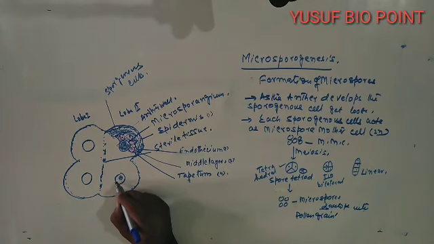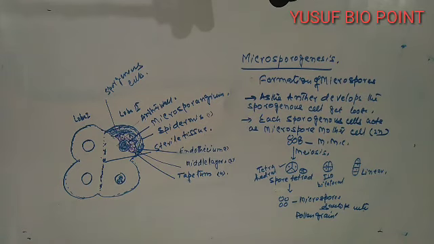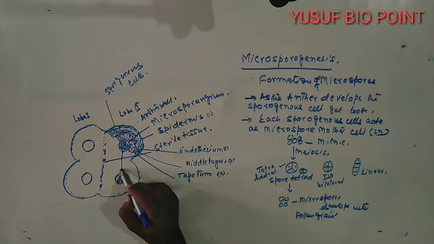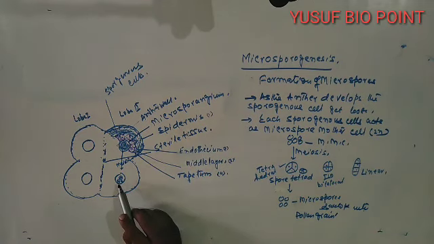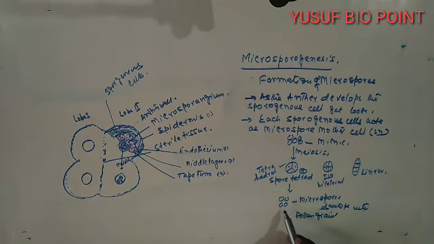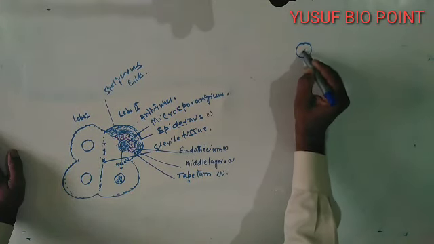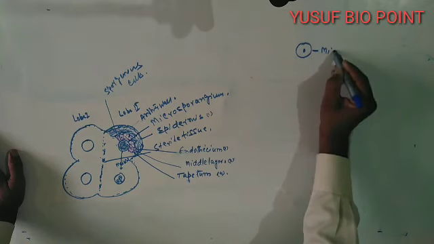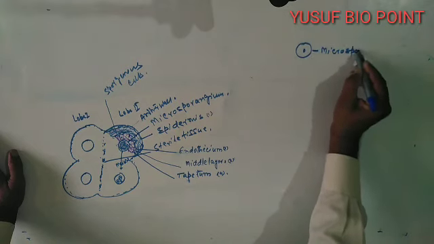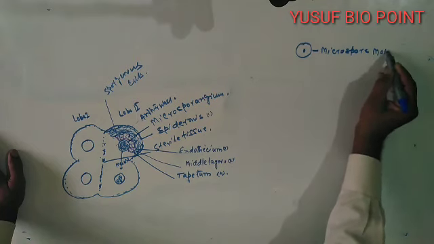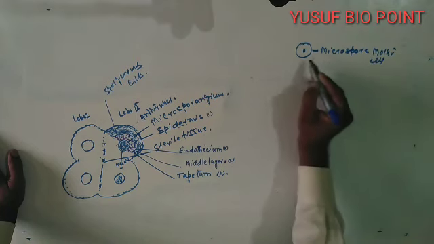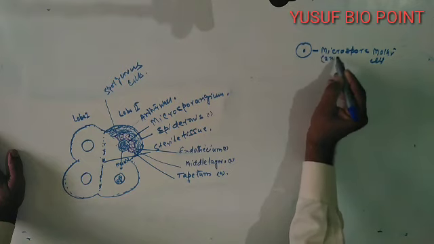So here you see that in the next structure, the cells undergo meiosis, and the spore tetrad is formed, and now they get separated. This is the microspore mother cell, and this is 2n.